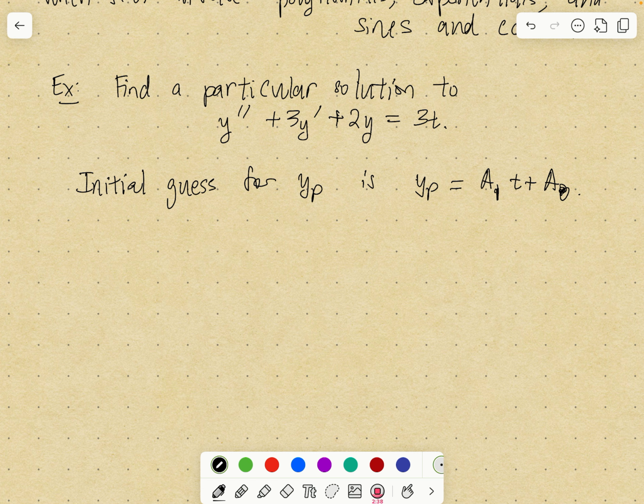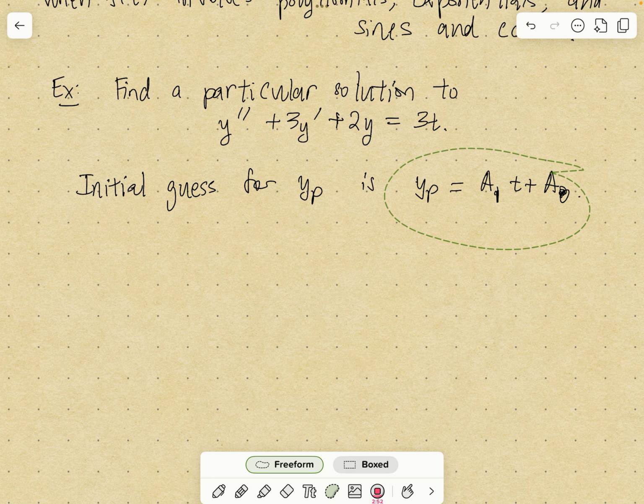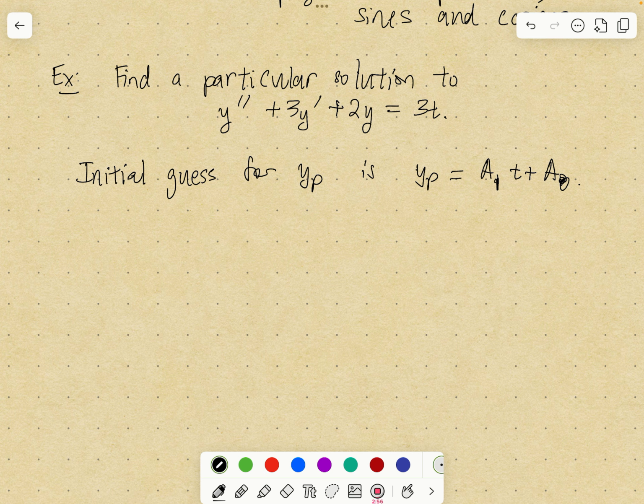What we're looking for is a yp, and we guess that it's going to be a linear polynomial. So we need to figure out if it's possible to find a1 and a0 such that your yp satisfies this equation. Suppose it does, then what would have to happen?